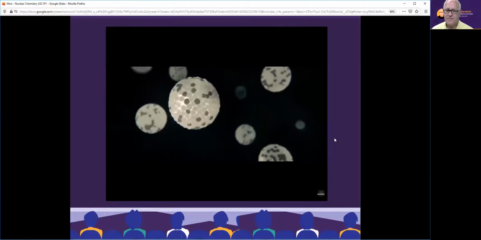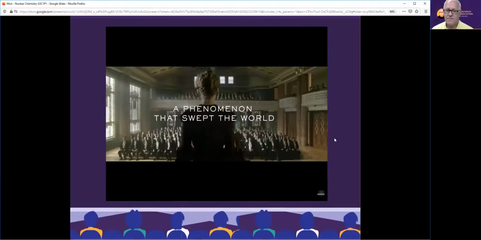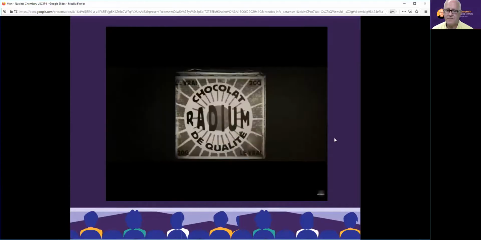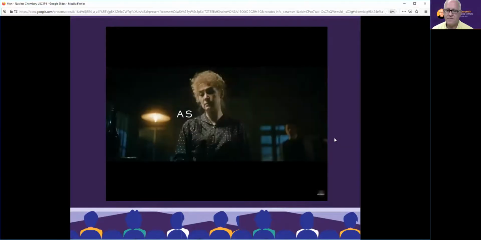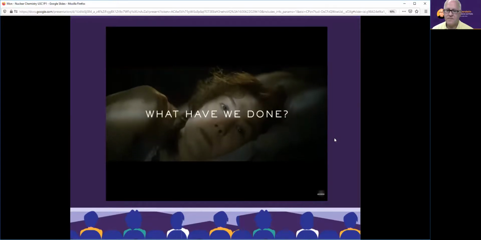Imagine a grape crushes itself, changes its very being. As the grape turns itself into wine, it releases a powerful surge of energy. Power that can make things happen. You'd be excited, really. People can see the possibilities. Radioactive matches, radioactive cigarettes, radioactive water, radioactive toothpaste, radioactive beauty powder. You call this science? As exciting as it seems, radiation is not safe. What have we done?